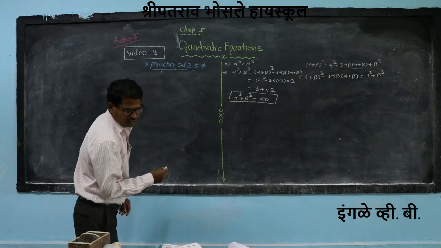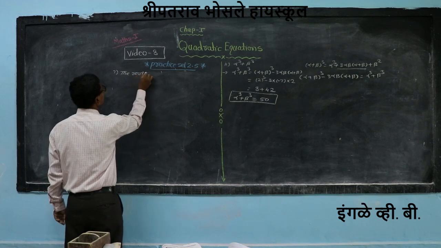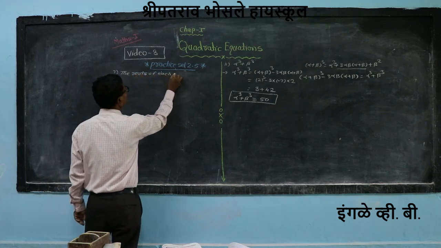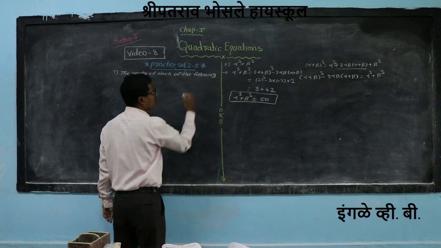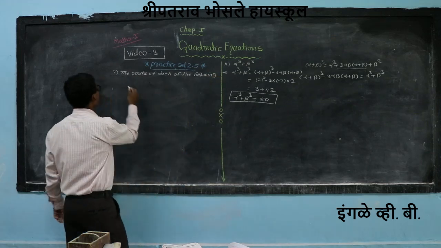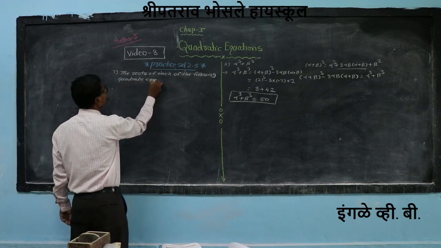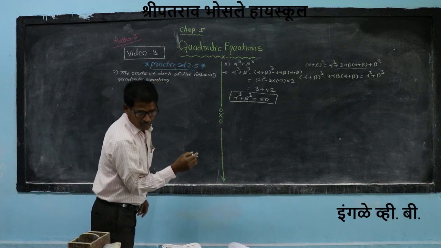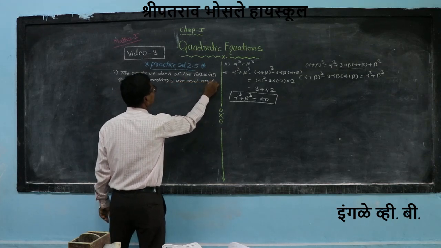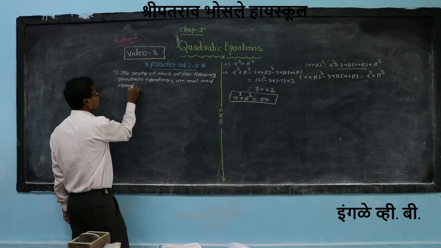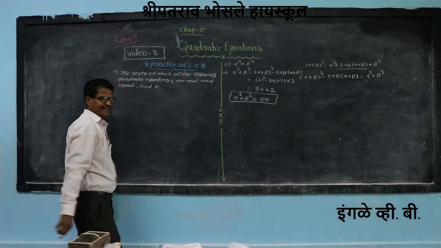Number 7: the roots of each of the following quadratic equations are real and equal. Find the value of k.